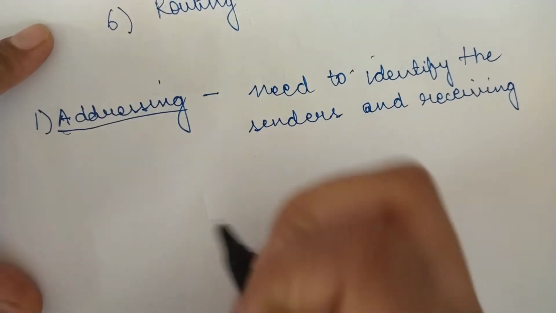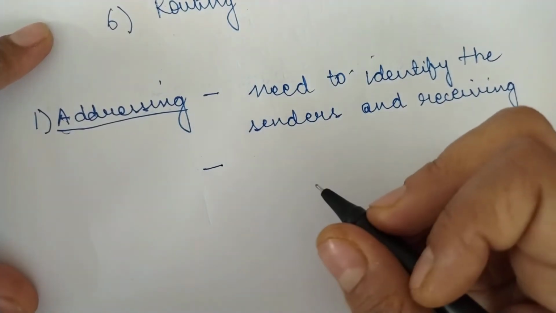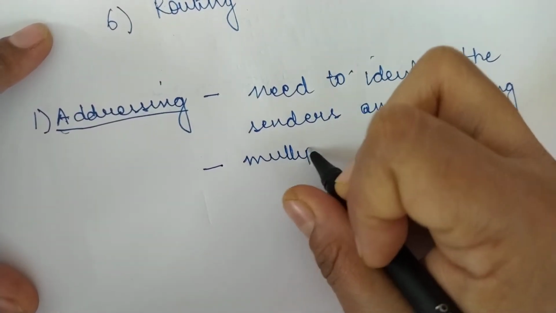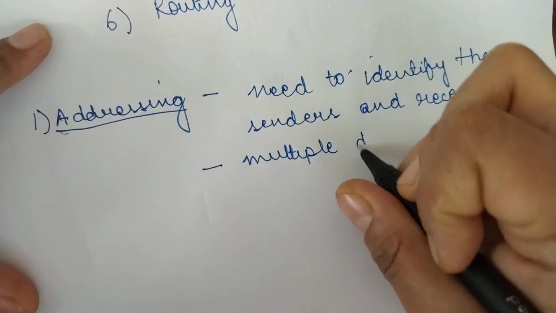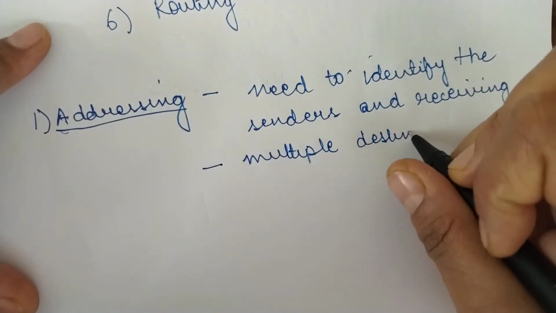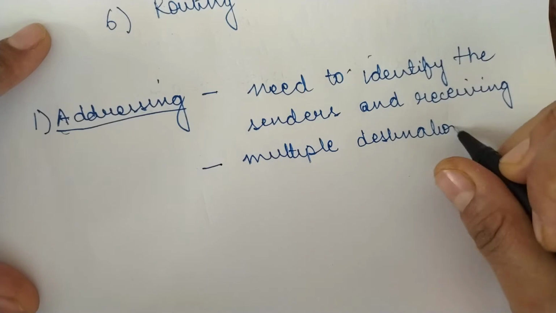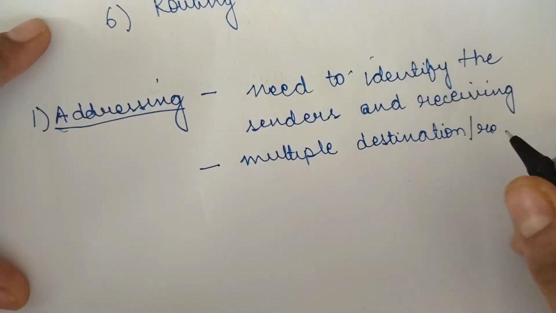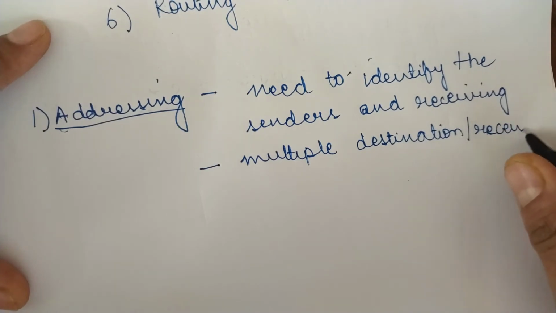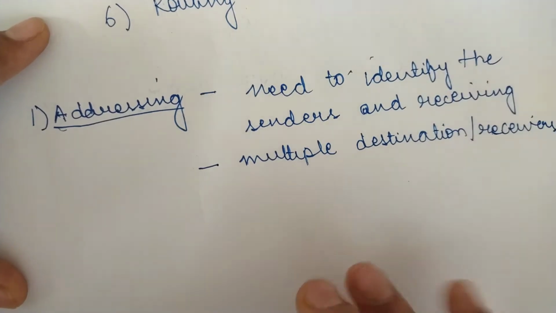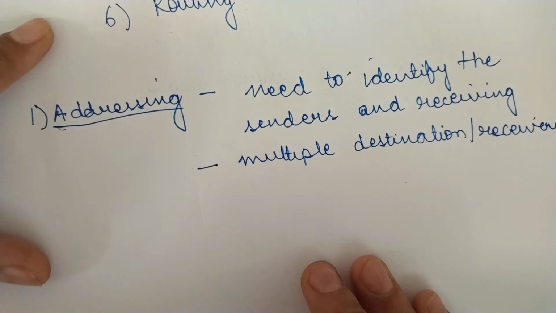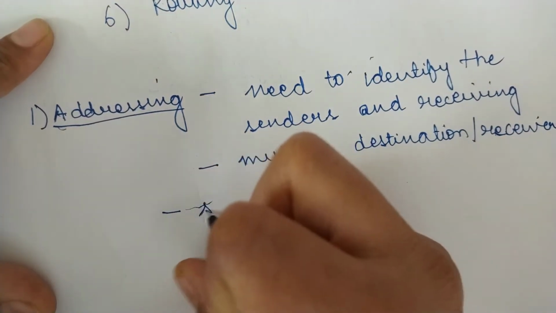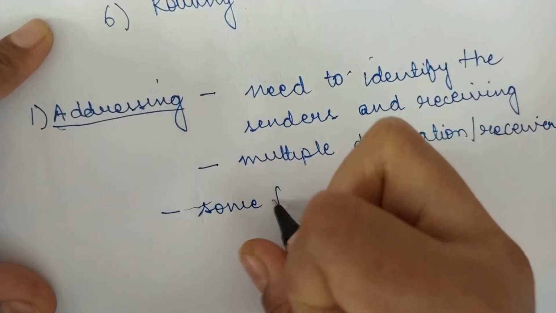Since there are multiple destinations, there is not just one sender and not just one receiver. You have multiple destinations or multiple receivers. Now because of this, some form of addressing is needed, right?